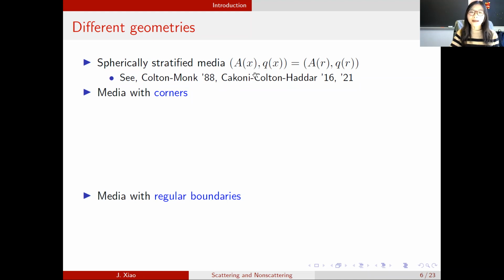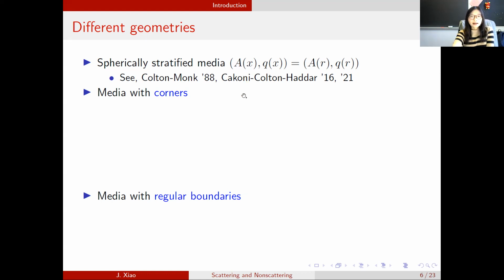So they are automatically defined in the entire space, and they're automatically a solution to the Helmholtz equation. In other words, for spherically stratified media, we always have an infinite number of non-scattering wave numbers, and this set is equivalent to the set of transmission eigenvalues.